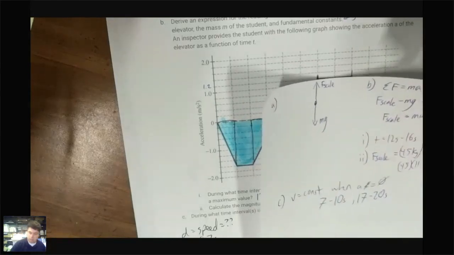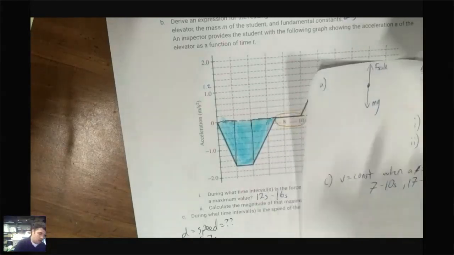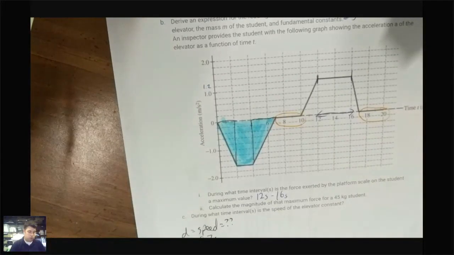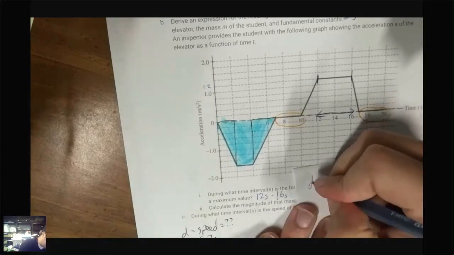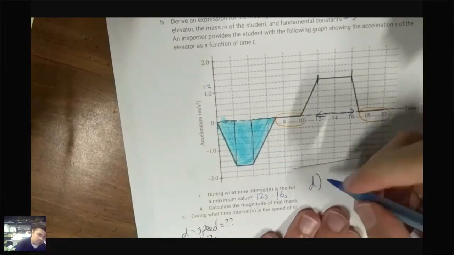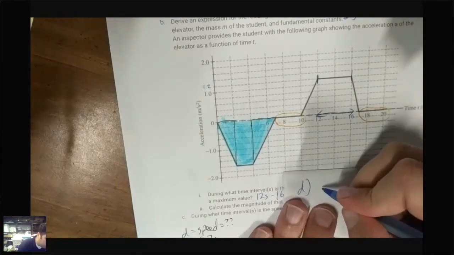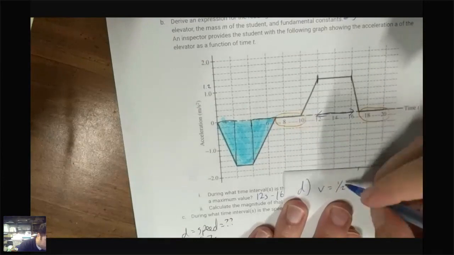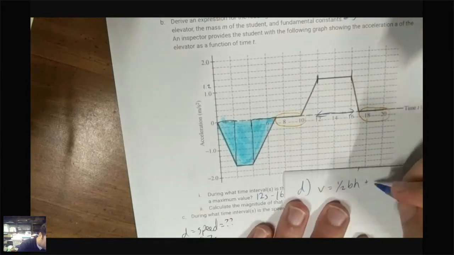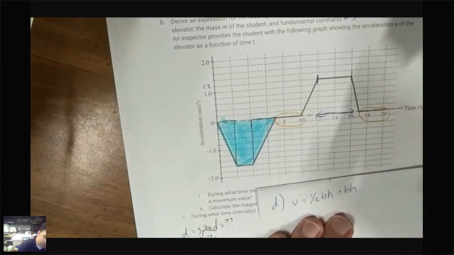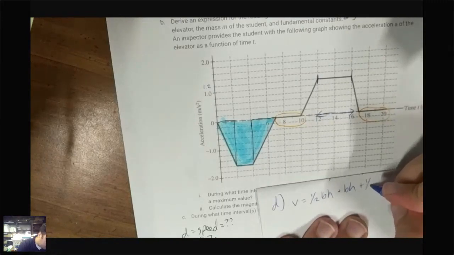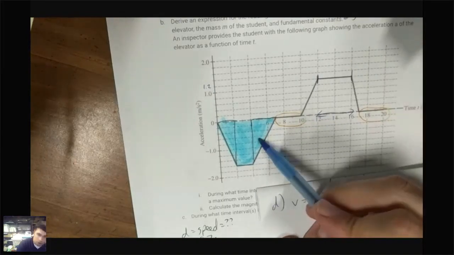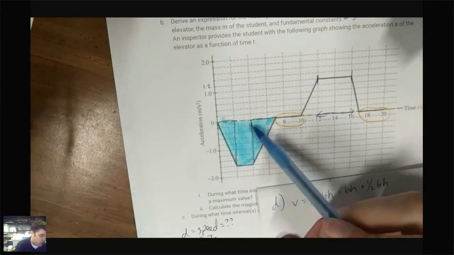So in this case, D, if I'm looking at the speed of this thing, fold this over so we have more space for it. There we go. So for part D, if I'm looking for the speed at 7 seconds, I would do speed equals 1/2 base times height plus base times height of my second rectangle plus again 1/2 base times height for my third triangle here, or my second triangle, my third shape.